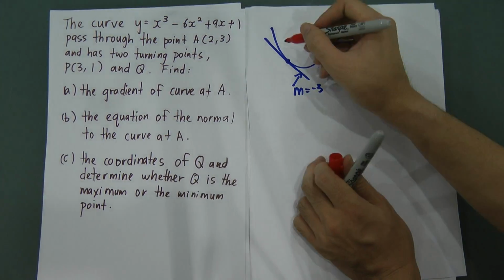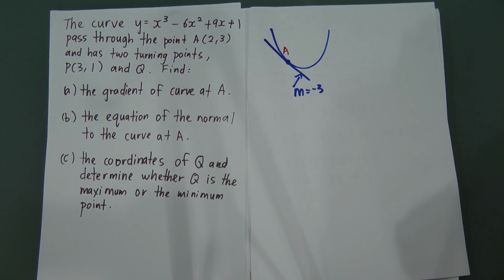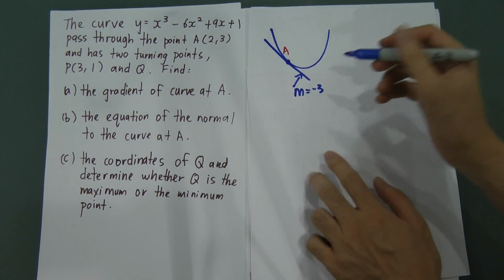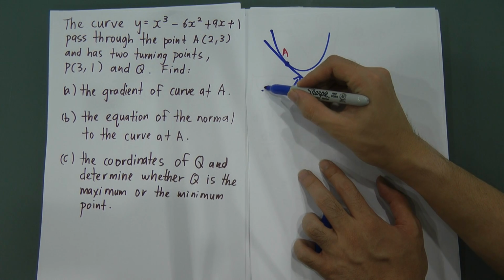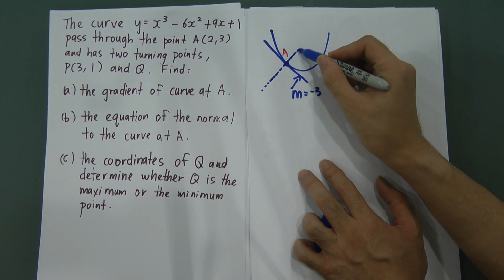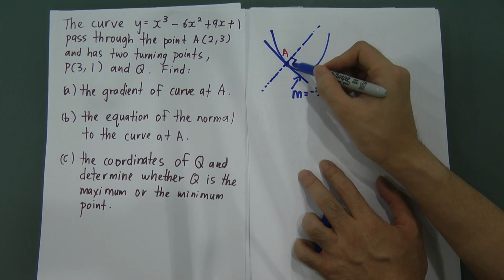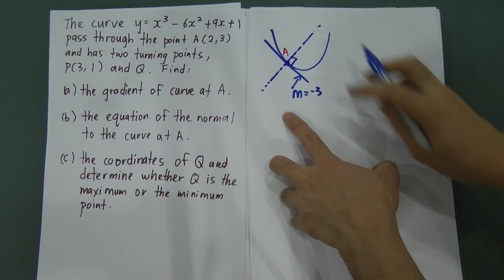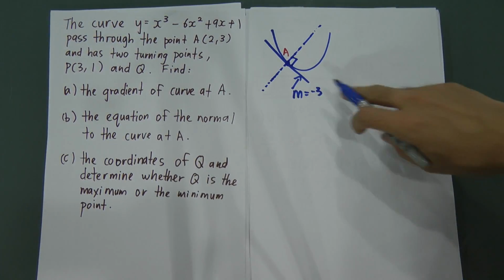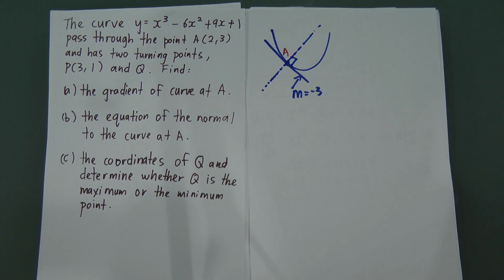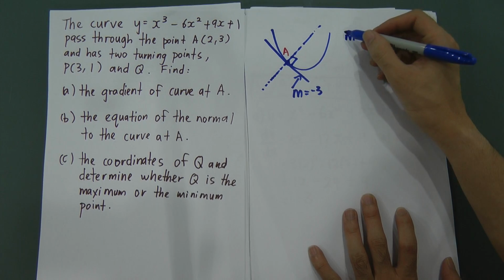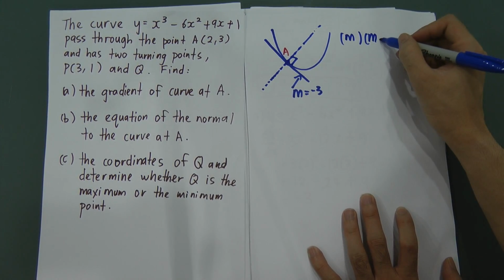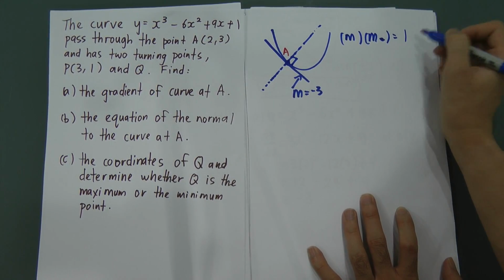He wants to find another gradient. You want to get the equation, so before you get the equation, you need to have the gradient. So he wants the normal, which means it's 90 degrees to the tangent with gradient m equal to negative 3. So the formula we need to use here is m1 multiplied by m2 equals negative 1.